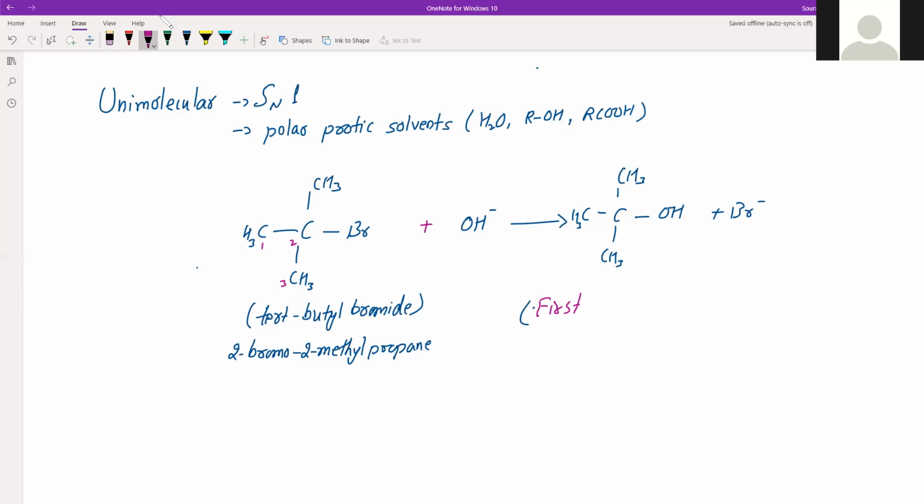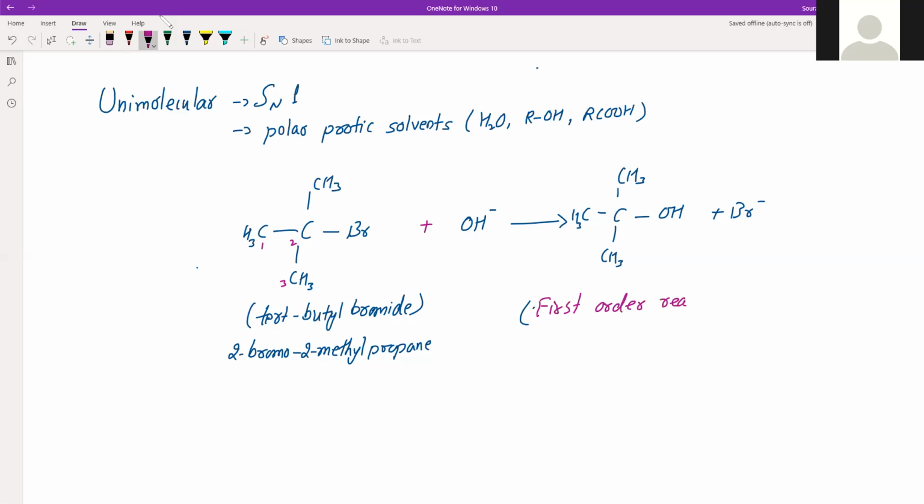Data will be nothing but, for a given amount of time, the amount of reactant left, or the amount of reactant consumed. We note that, and then we try to find out which order reaction this is. So here we find out that this is a first order reaction.